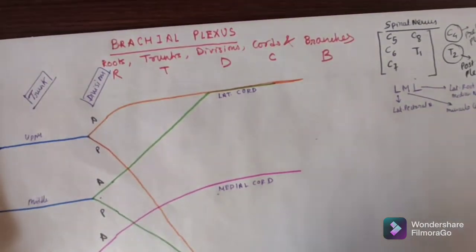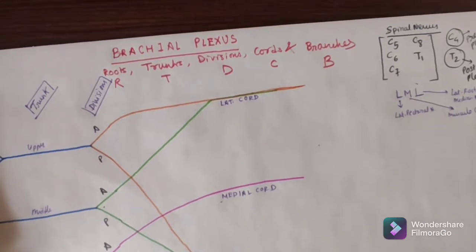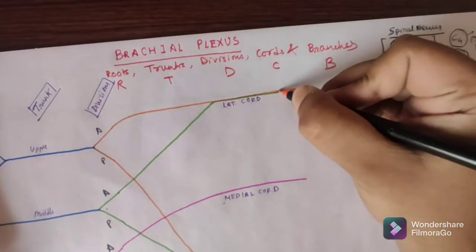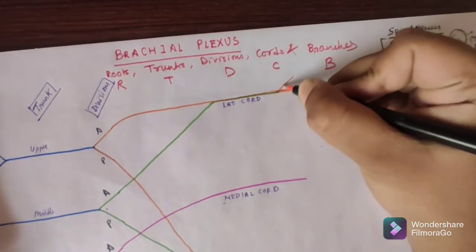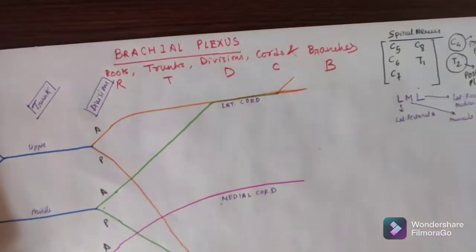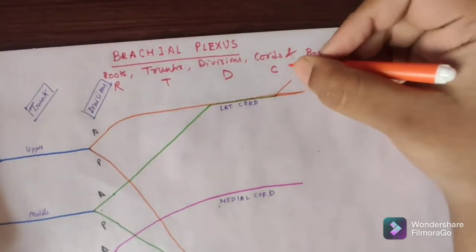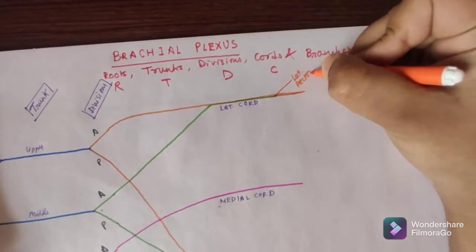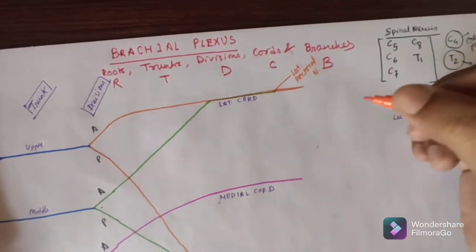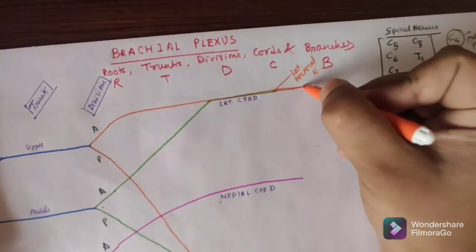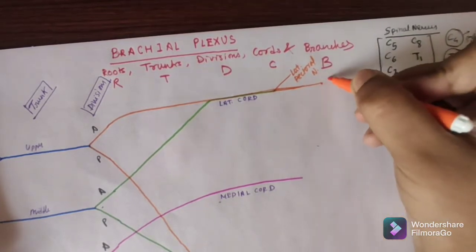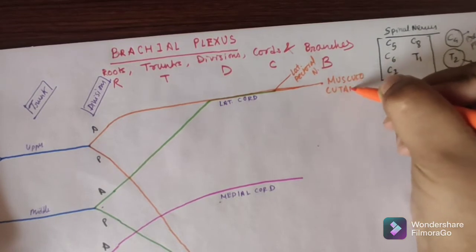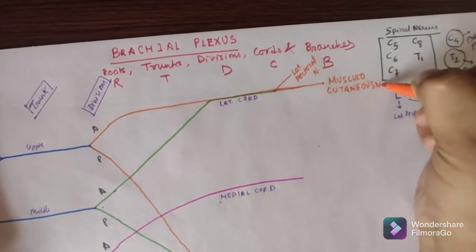Okay, so let me form it over here. So from this lateral cord, there will be a branch to the lateral pectoral nerve. Okay, now there will be the main branch, which is the musculocutaneous nerve.